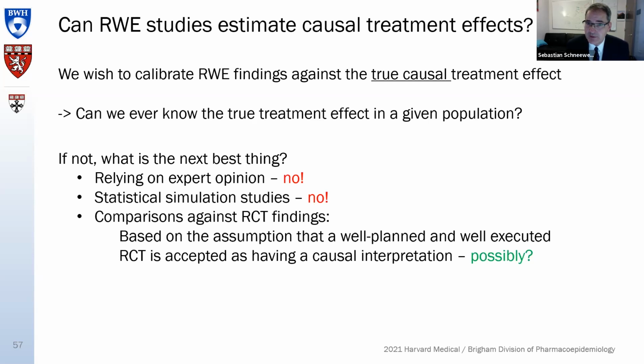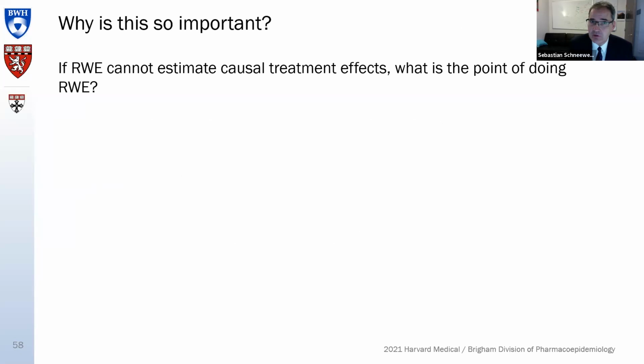So that is the possibility, and that is our key assumption when we do these emulation studies in order to calibrate whether real-world evidence studies can come to causal conclusions. Well, if real-world evidence cannot estimate causal treatment effects, what is the point of doing real-world evidence? We make recommendations for treating our patients with these studies. We need to be sure that it is the treatment that is causing the outcome and not the disease.